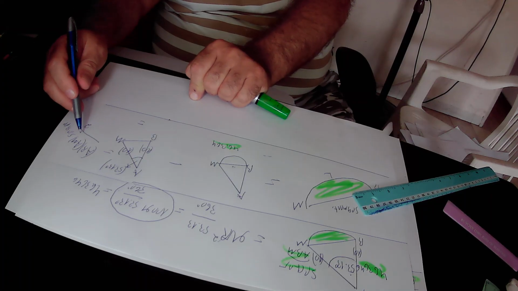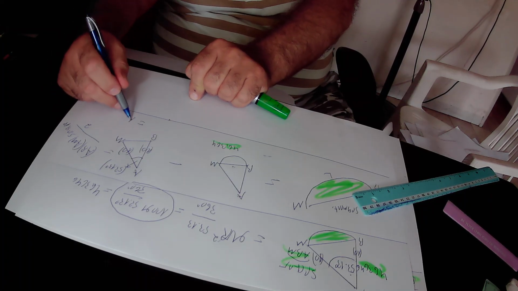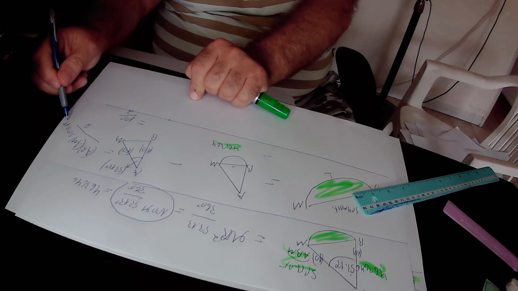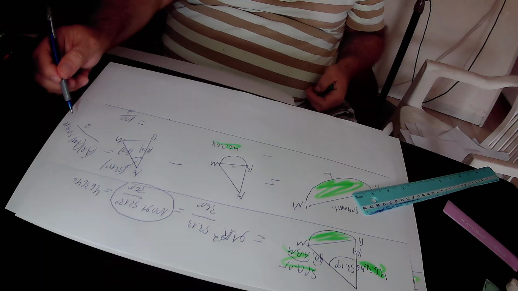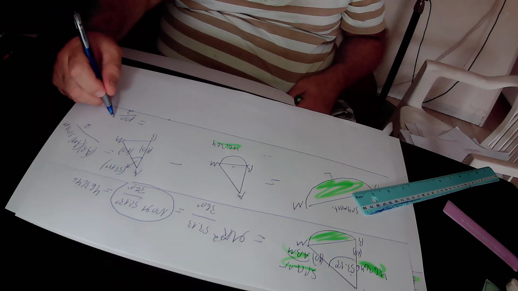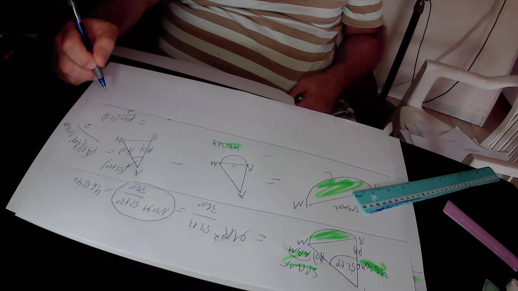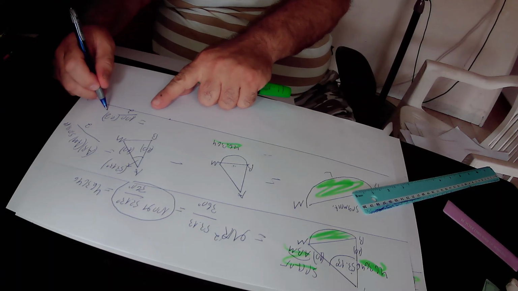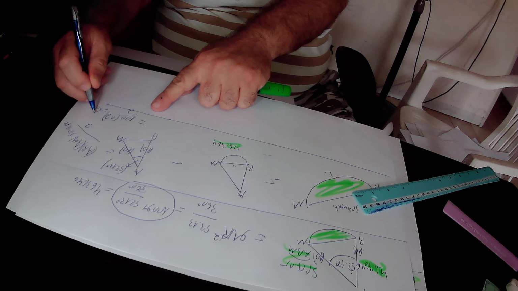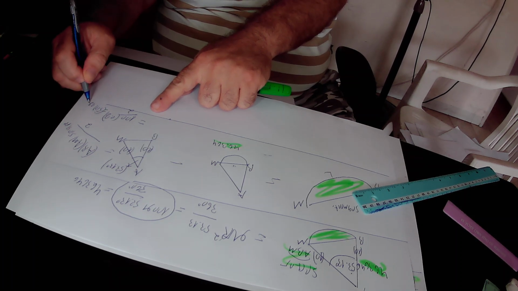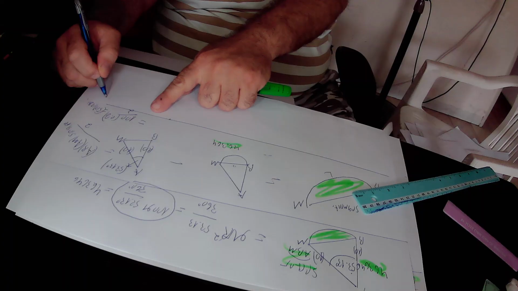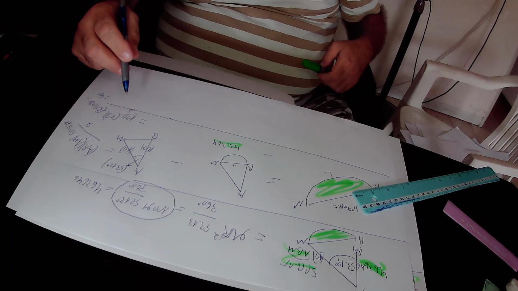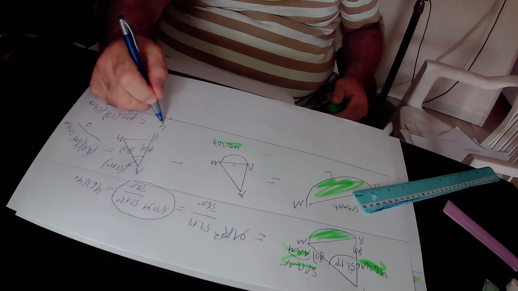AB is 10, AM is also 10. 10 times 10 is 100, divided by 2, times sine 53.13. Sine 53.13 is equal to 0.8. So in total 100 over 2 is 50, and 50 times 0.8 is 40. So the area of this triangle ABM equals 40 square meters in size.